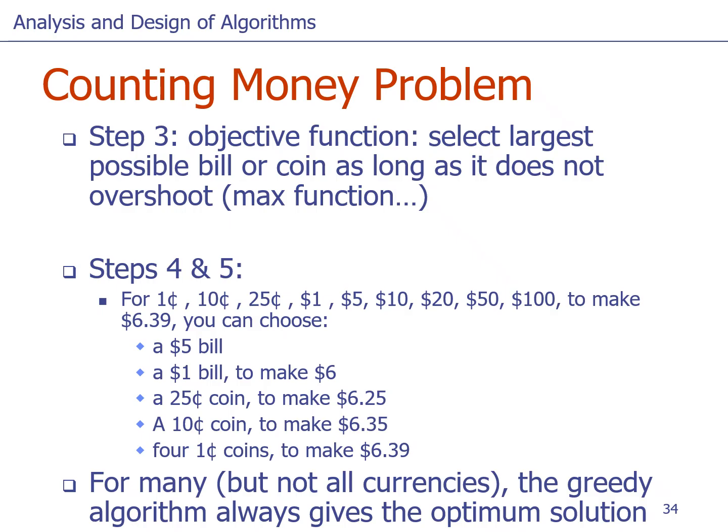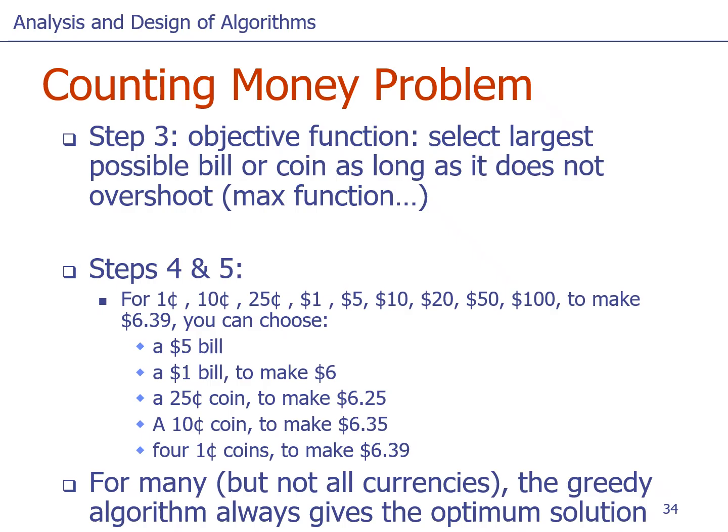And then it will try to add another 1, but then the target will be exceeded, it will be 7, so it will pick 25. And then it tries to add another 25, it does not work, it's going to be 6.5, so it skips the 25 and it adds a 10. And then it will add a 1, it becomes 6.36, and then another one, 6.37, 6.38, 6.39, and then we've reached our target.